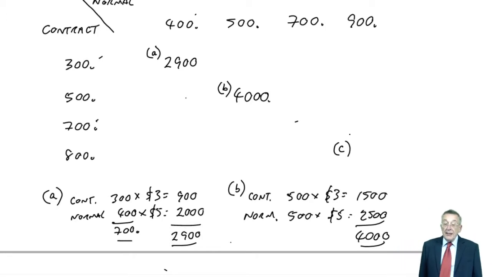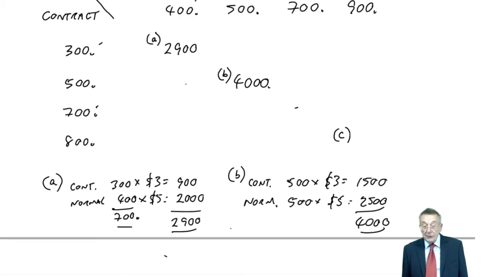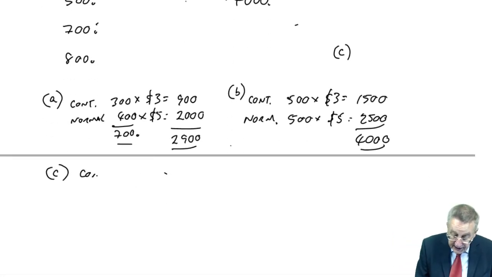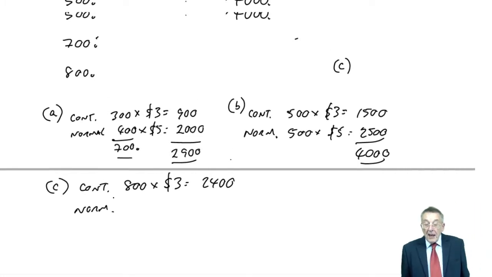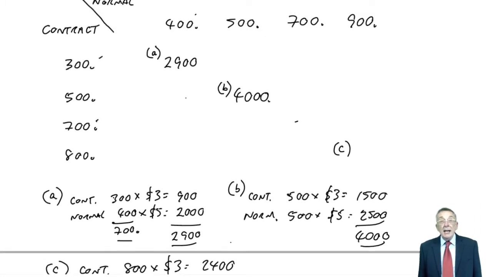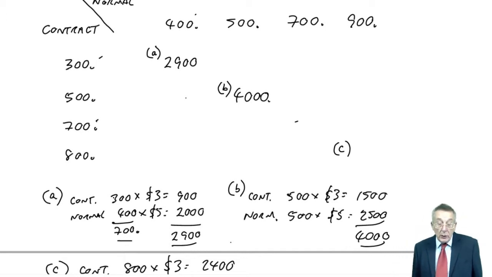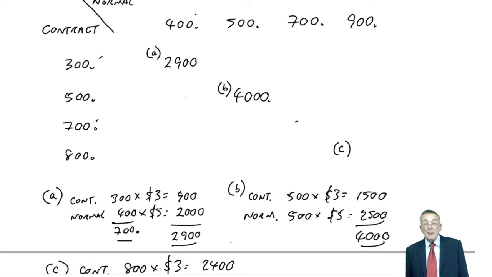Suppose we decided to sign a contract for 800 and ordinary customers wanted 900. Well, if we sign the contract for 800, we have to supply 800. And contract sales make $3. Normal customers want 900, but with a problem. Because remember, the first line of the question said our capacity is 1,200 units a month, so we can only make 1,200 units a month.